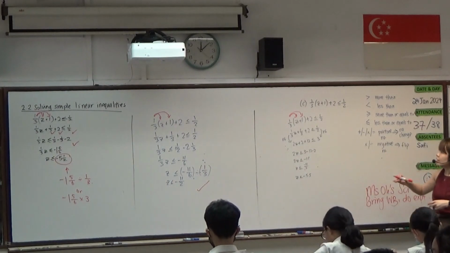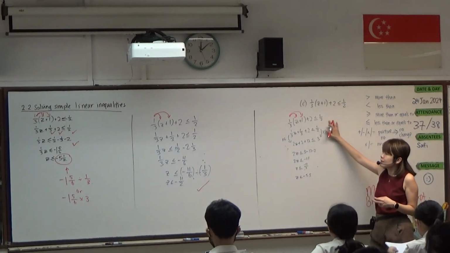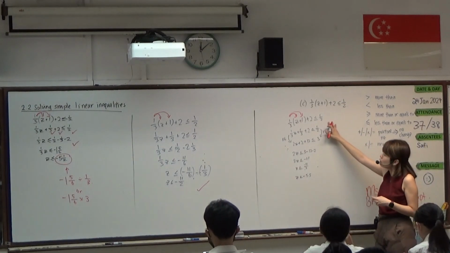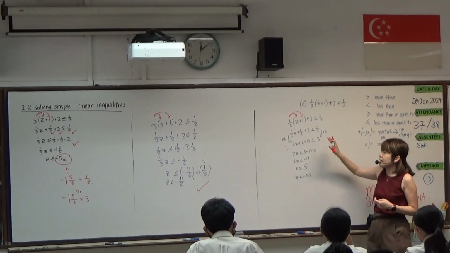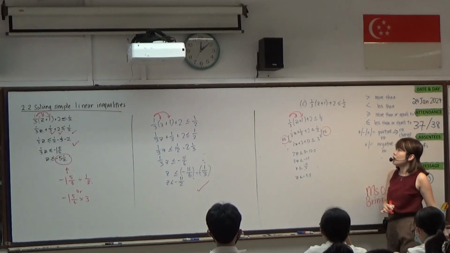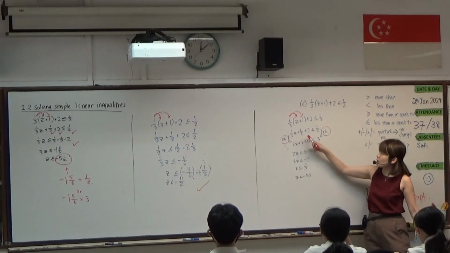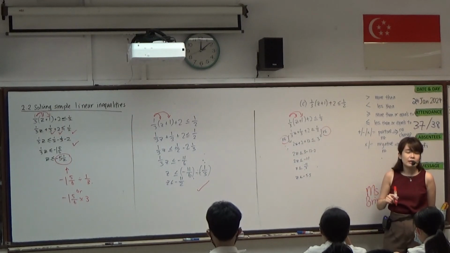Then Emmanuel also did an expansion, but something different that he chose to do was that he wanted to remove the denominator, and he decided to multiply by 6, which is the lowest common multiple of 3 and 2, which are found in the denominator, across the entire inequality. And that is fine as well.